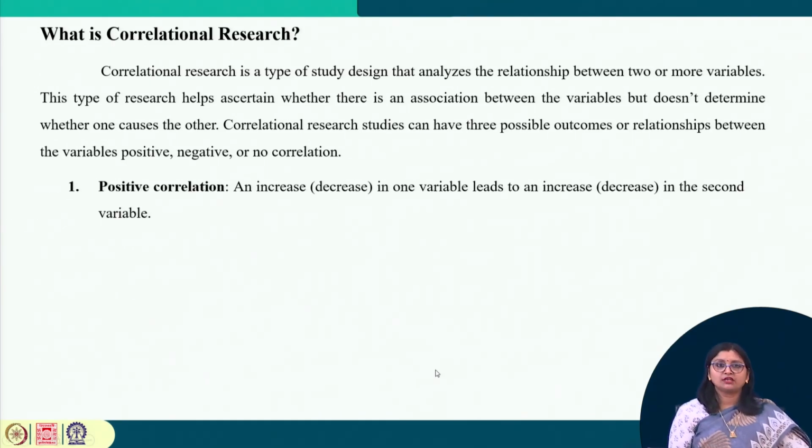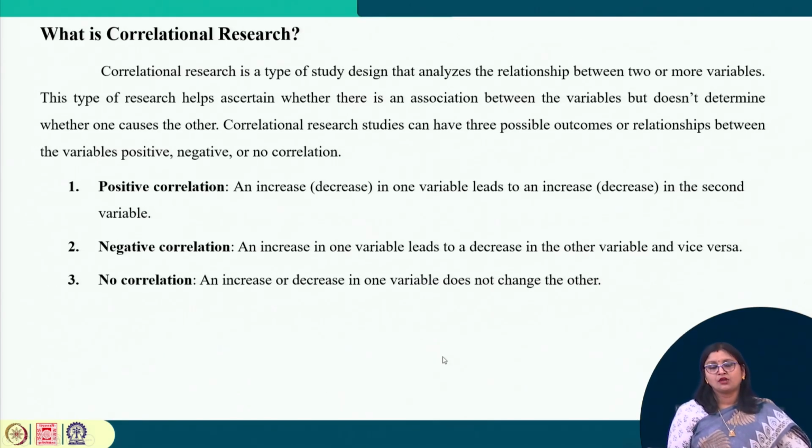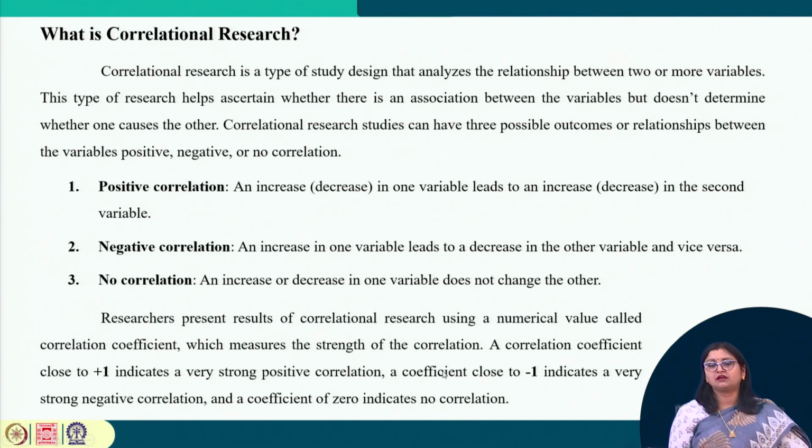In a positive correlation, an increase or decrease in one variable leads to an increase or decrease in the other variable. In a negative correlation, an increase in one variable leads to a decrease in the other variable and vice versa. And in no correlation, an increase or decrease in one variable does not change or affect the other one.